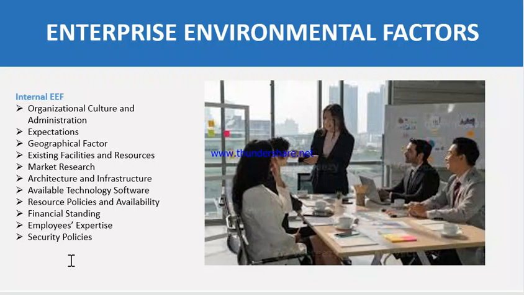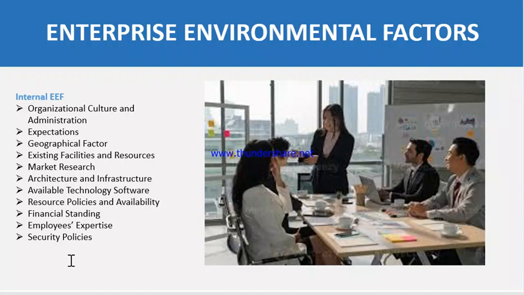Existing facilities and resources are there: market research, architecture, infrastructure, technology. Technology means the specific technology they are using for the project. Resource policies and availability. For example, every resource should have insurance, medical insurance. This is necessary.